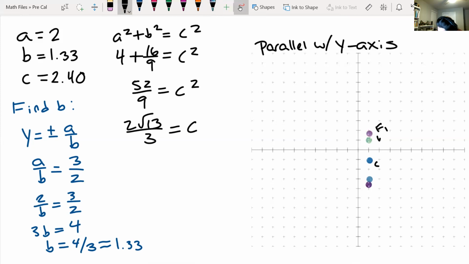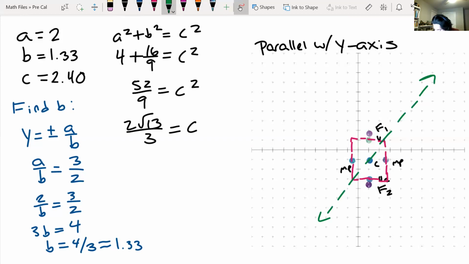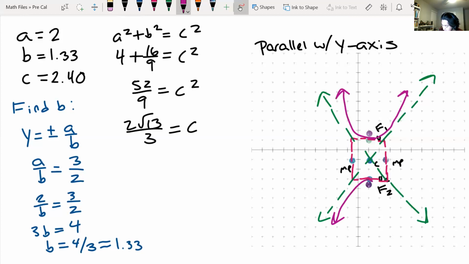So focus 1, vertex 1, vertex 2, focus 2, and then for b, I go out 1.33, 1.33, minor point, and then connect the fundamental rectangle. And we open up and down.